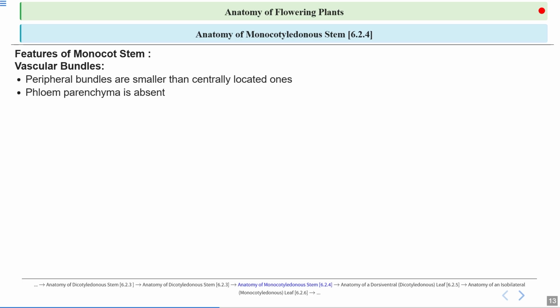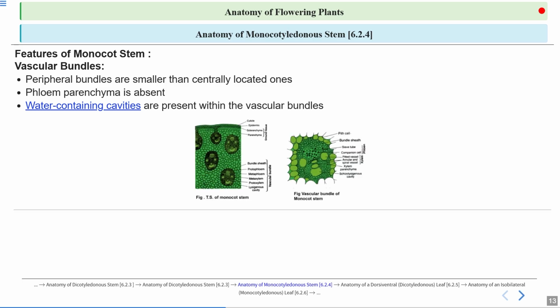Phloem parenchyma is absent. See, one more feature. Phloem parenchyma is absent. Water conducting cavities are present within the vascular bundles. Here you can see the cuticle, then comes the epidermis, sclerenchyma, parenchyma. This is the ground tissue, right? And then comes the vascular bundle scattered within the ground tissue. One of the vascular bundles you can see here, right?